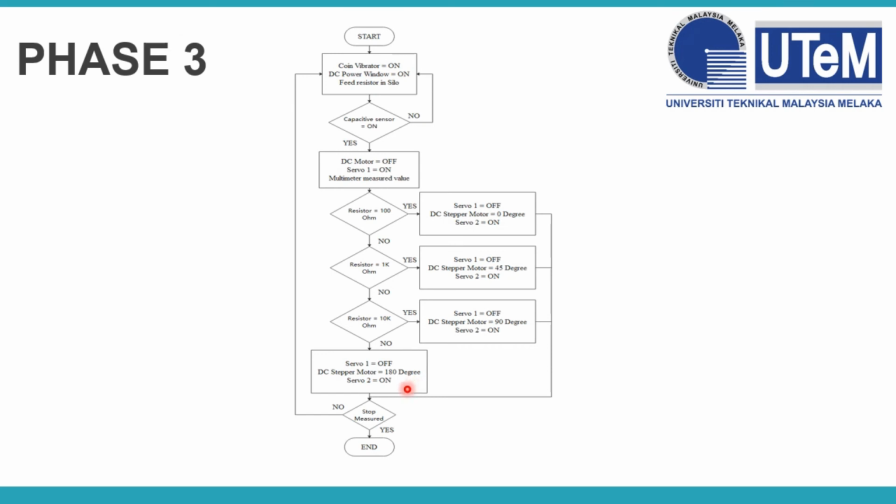After that, if the stop button is not pushed, the system will go upward again to make sure it stays in a loop until the stop button is pushed. Then the system will finish.